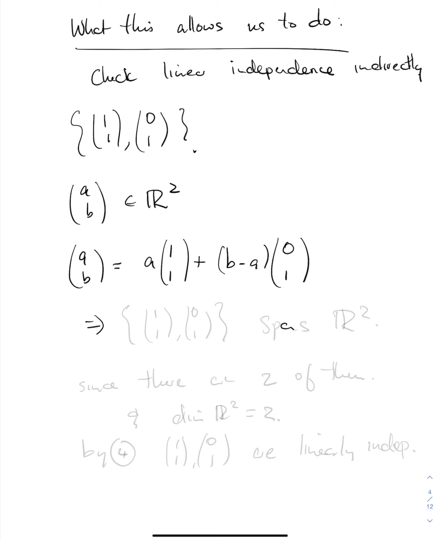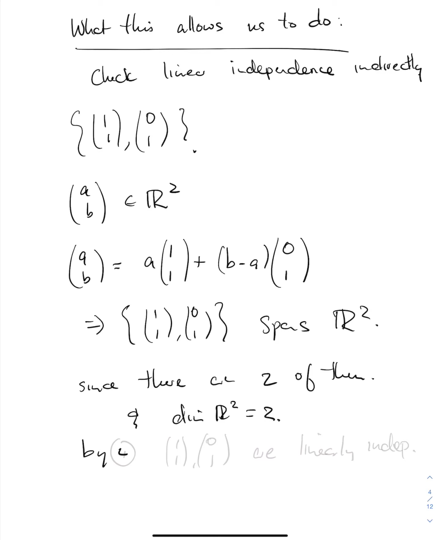And that means that (1, 1) and (0, 1) span R2. Since there are two of them, and the dimension of R2 is 2, by part 4, (1, 1) and (0, 1) are linearly independent.